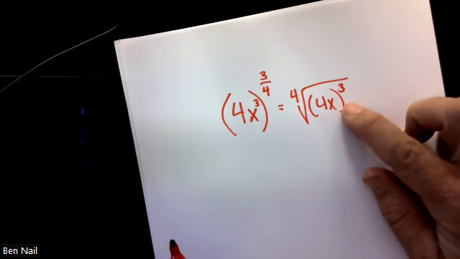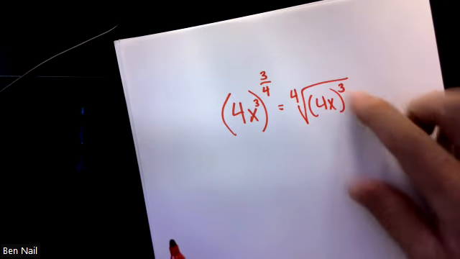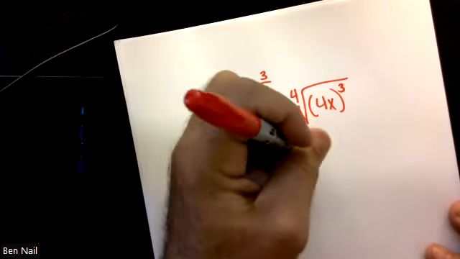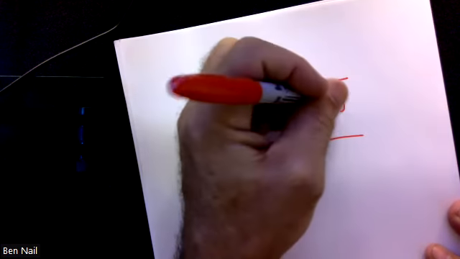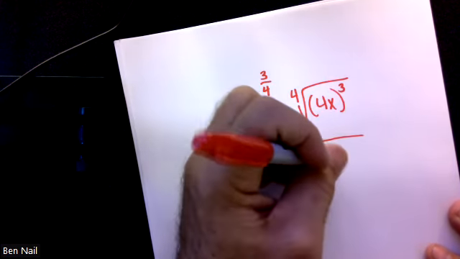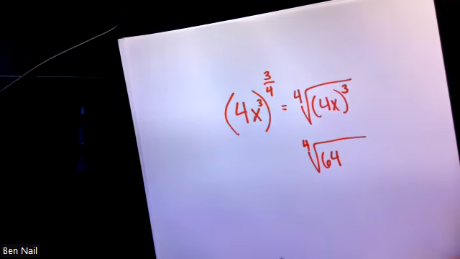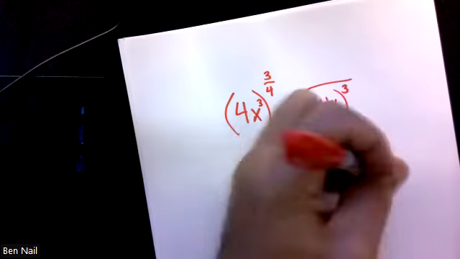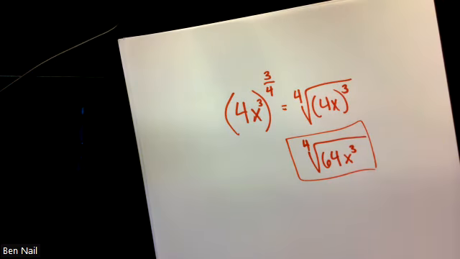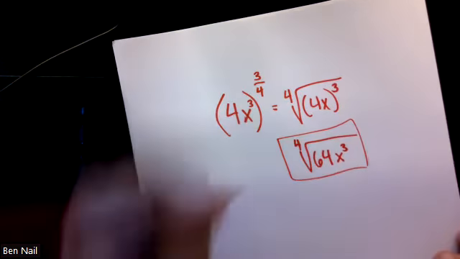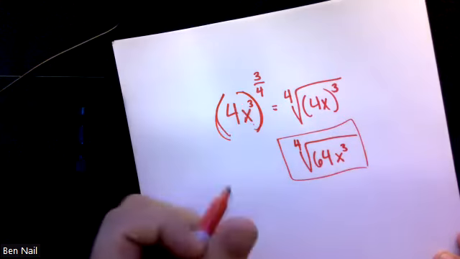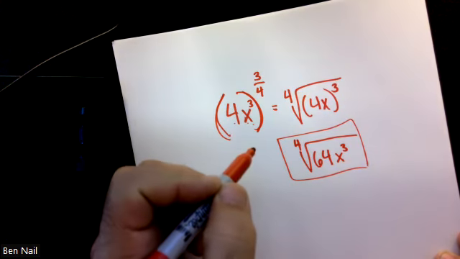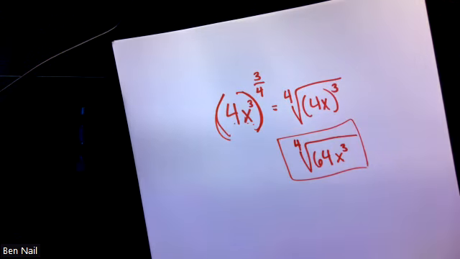Now, sometimes in my math lab will let you keep it like this. I would probably have you go ahead and take these to the powers. So that's 4 to the 3rd power. So 4 times 4 times 4, 64. And then x to the 3rd power would be x to the 3rd. Okay, but remember, when you've got grouping symbols, again, you're taking all of these elements to those powers.